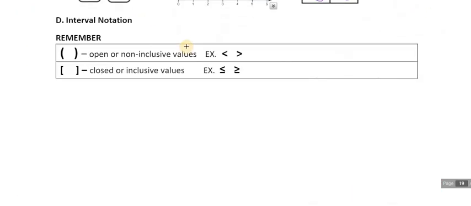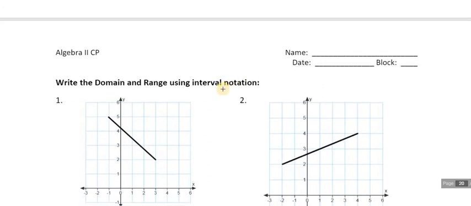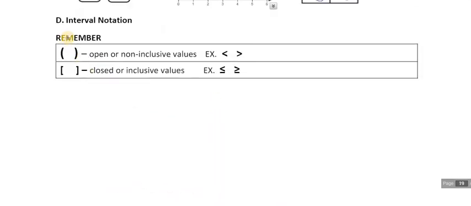Now, if I'm going to talk about domain and range in terms of interval notation, okay, and we're not just talking individual x and y values like an xy table, we need to make our domain and range be represented with our intervals, more or less using our open parentheses and closed brackets.